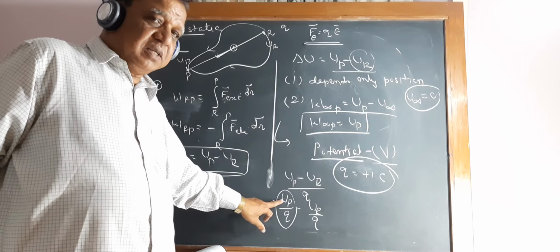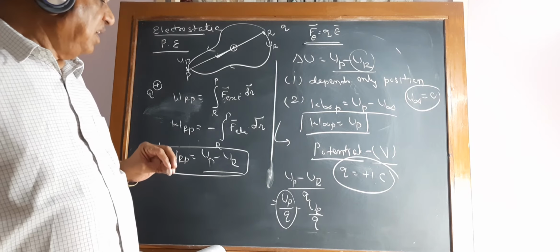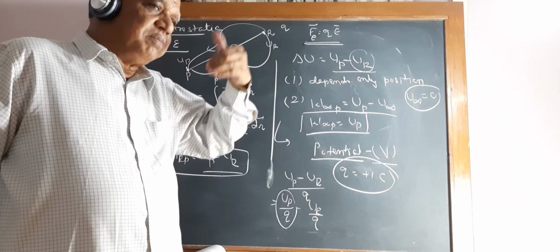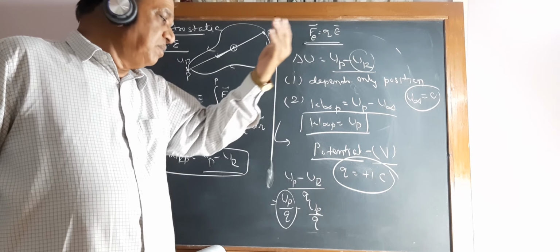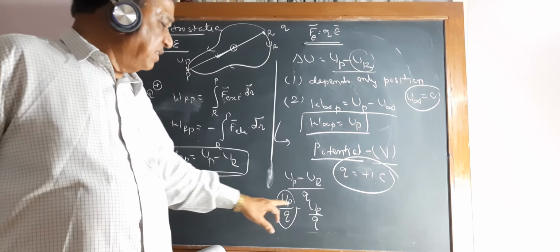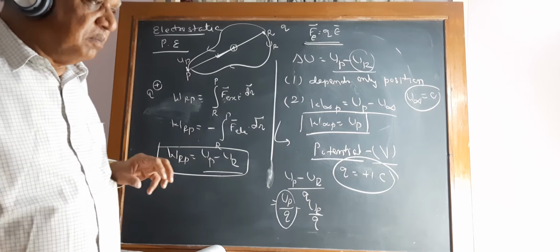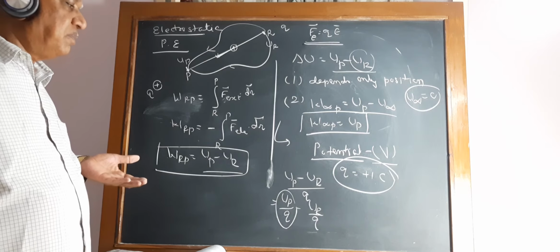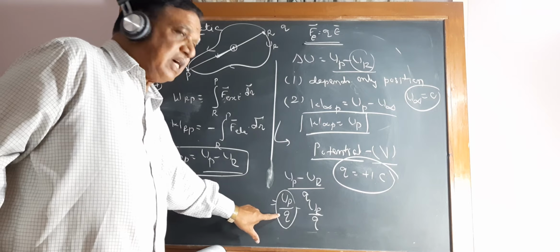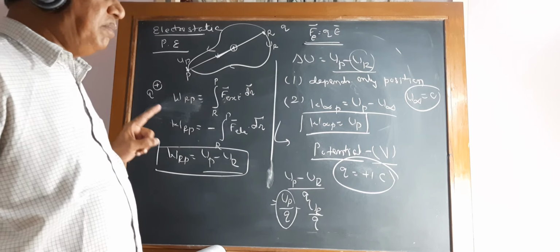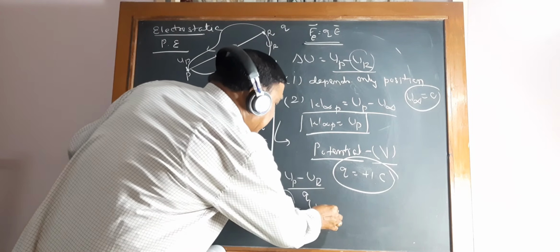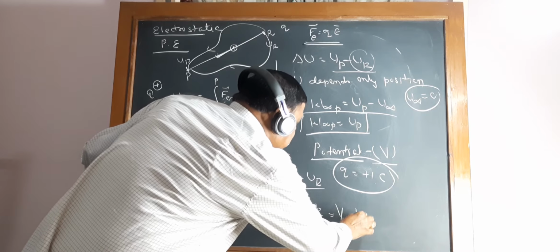Work required to be done in bringing a unit test charge from infinite to point P. Second one, bringing unit test charge from infinite to point R. Now these both are for unit charge and that can be defined as potential at point P. So also we can write Vp minus Vr.